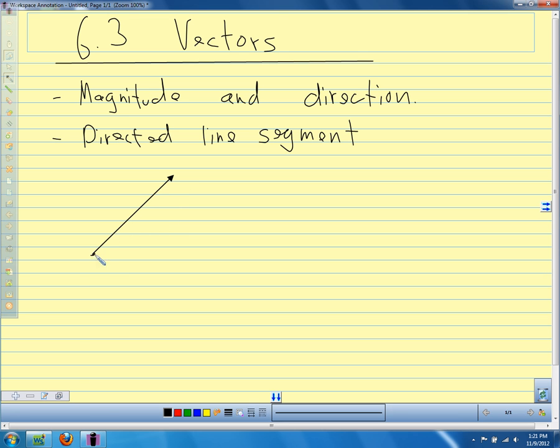A couple of pieces of terminology. If our vector starts at point P and it ends at point Q, we call P the initial point, and point Q is the terminal point.